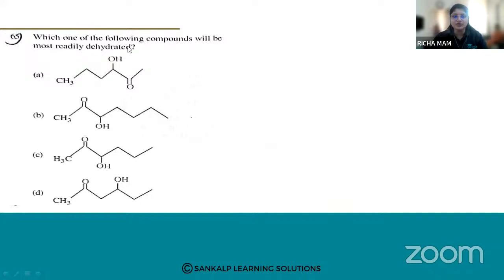Next question: which one of the following compounds will be most readily dehydrated? Which compound will be most readily dehydrated? Yes, what is your answer?